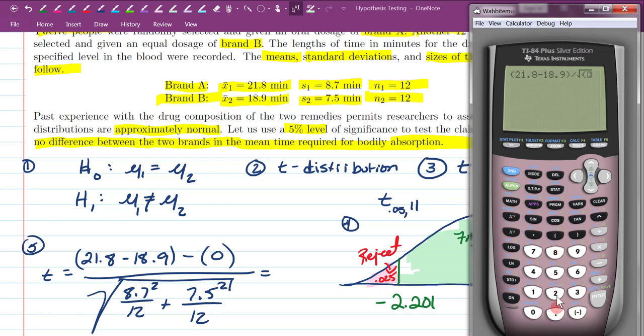It's going to be 8.7 squared divided by 12, close parentheses, plus open parentheses, 7.5 squared divided by 12, close parentheses, come out, and hit enter. And that is 0.874, so we'll just put 0.87 is our test statistic.